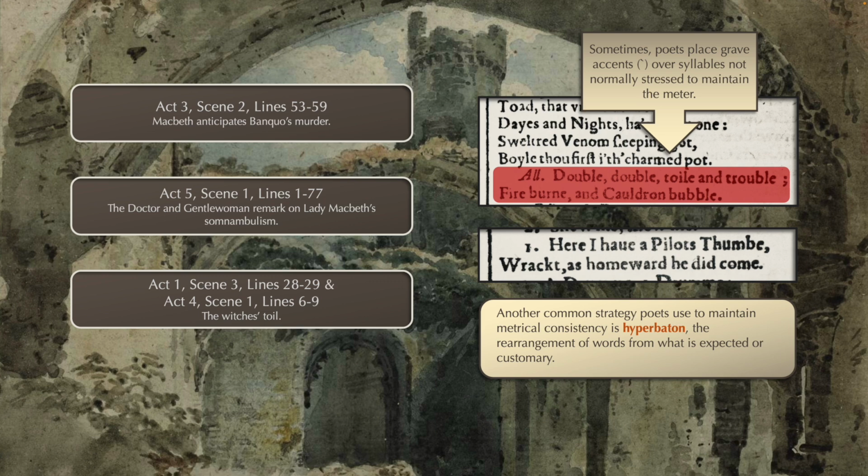This is the rearrangement of words from what is expected or customary. I'm looking specifically at the second of those 2 lines, as homeward he did come, rather than as he came homeward. So moving words around to create new syllable combinations to maintain the trochaic meter is a pretty commonplace strategy for poets.